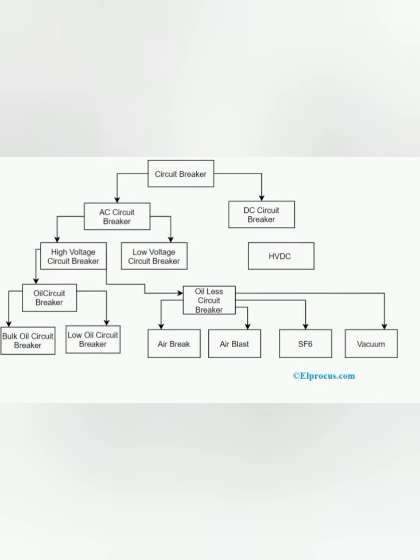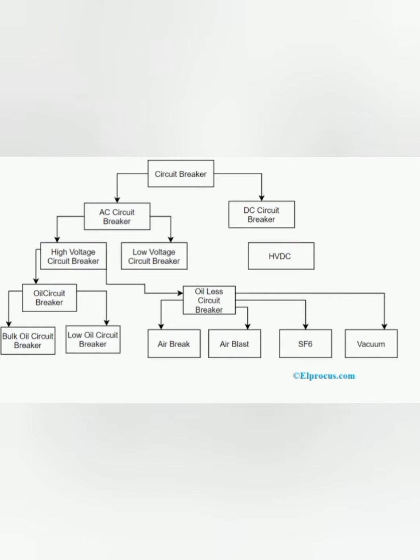Here, in the oil circuit breaker, oil is used as the arc quenching medium. That is further classified into bulk oil and low oil, which means minimum oil circuit breaker.